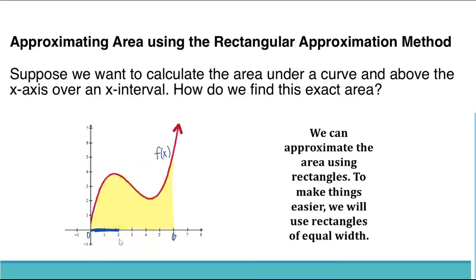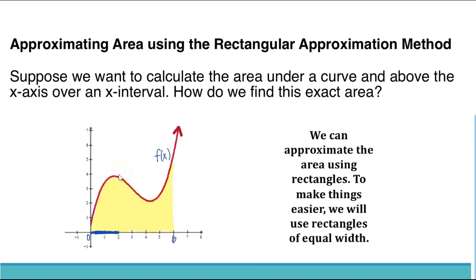So let's go ahead and choose to use the right side x value to find a corresponding y value. So right at the x value 2, I'm going to go up, I'm going to find the function up there, and that's going to define the height of this rectangle on the interval from 0 to 2.